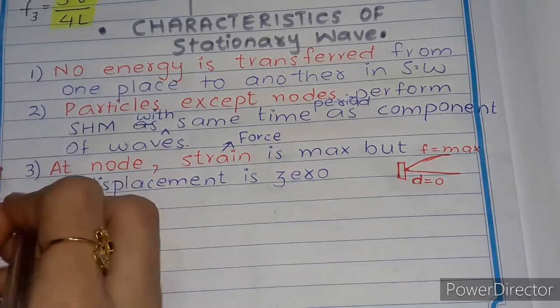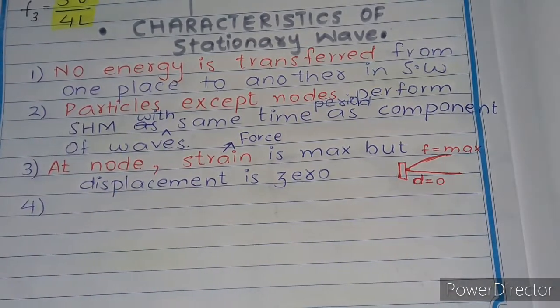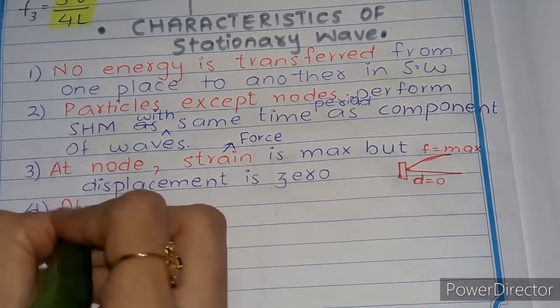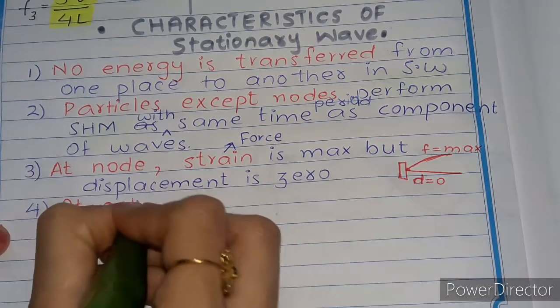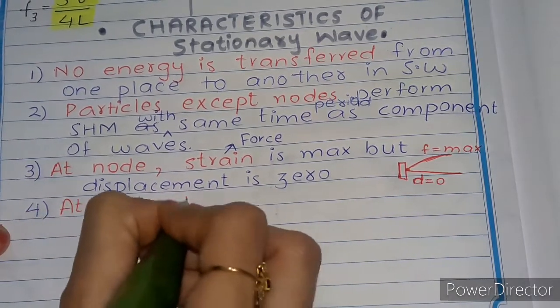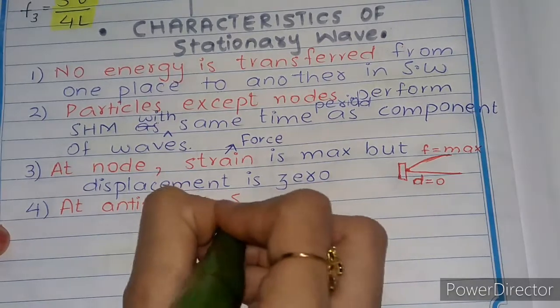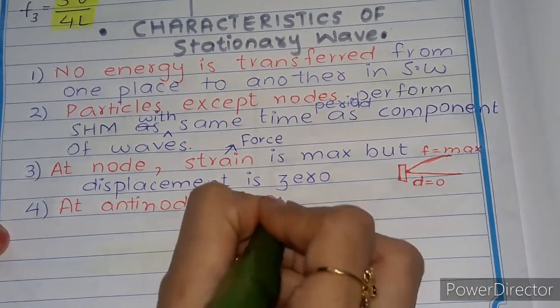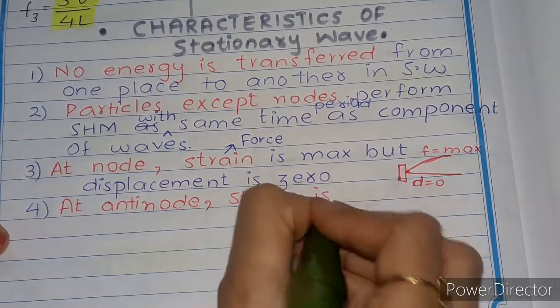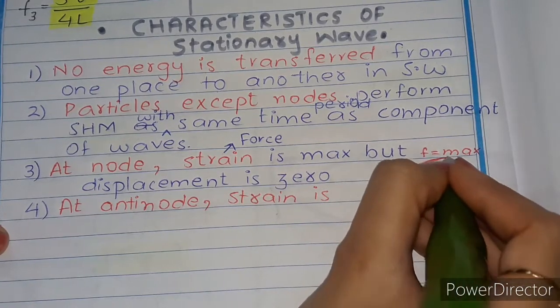Fourth point is at an antinode, strain is zero. There is no force at the antinode.